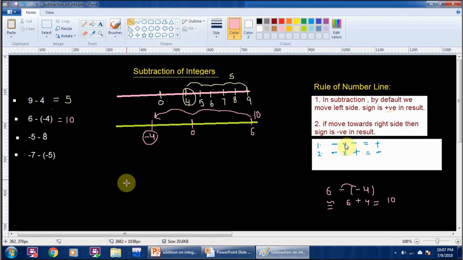So in my next example, my starting point is -5 and I have to subtract 8 from -5. -5 is on the left side of the 0. This is -5.